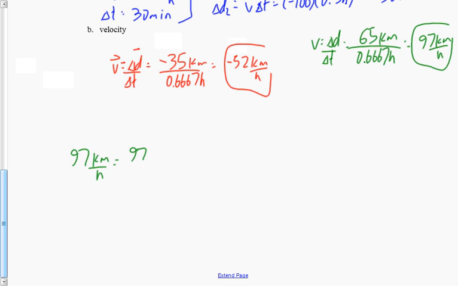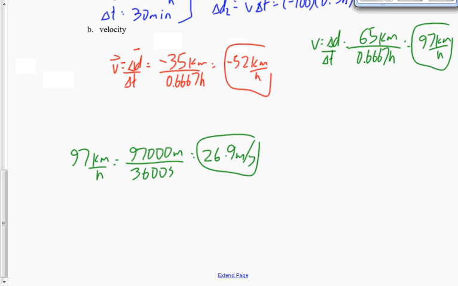97,000 meters divided by 1 hour is 3,600 seconds. 97,000 divided by 3,600 gives me 26.9 meters per second. How many people got that?